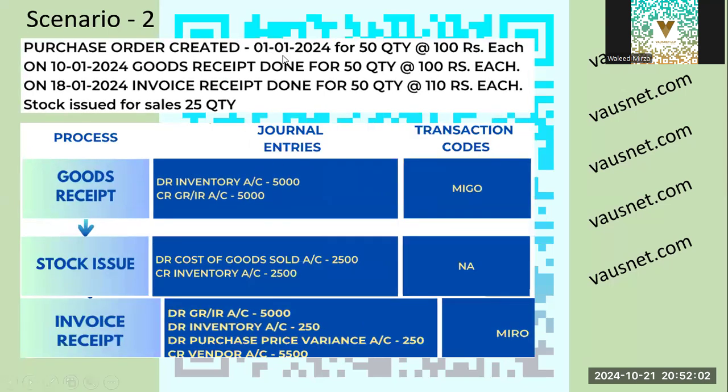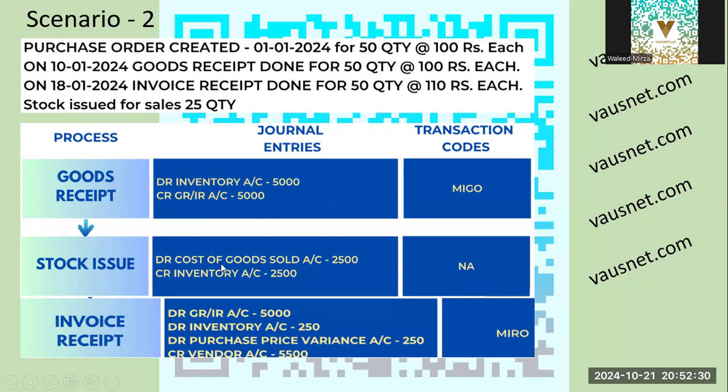Scenario 2: purchase order is created on 1st January for 50 quantity at 100 each. On 10th, we receive the goods for 50 quantity at 100 each. On 18th, we receive the invoice for 110 and stock is issued for sales. So inventory debit, GRIR account credit.